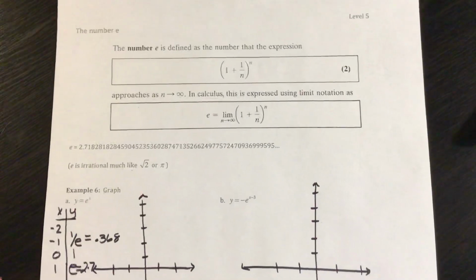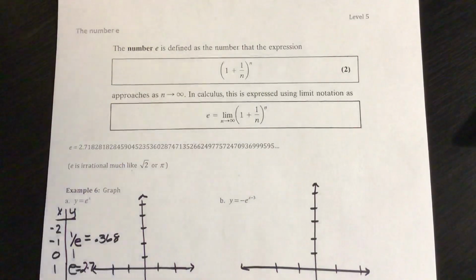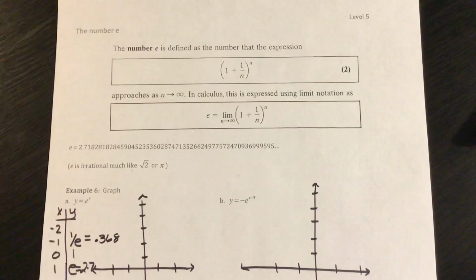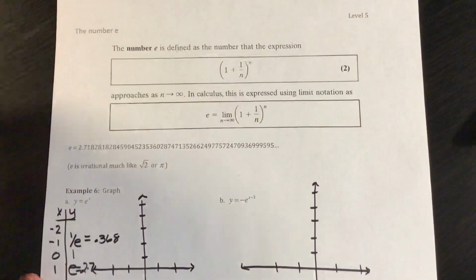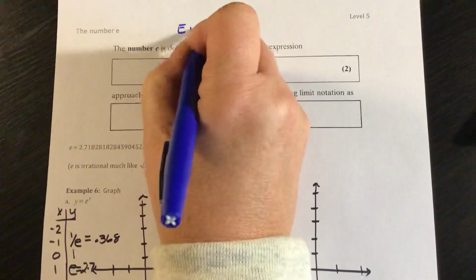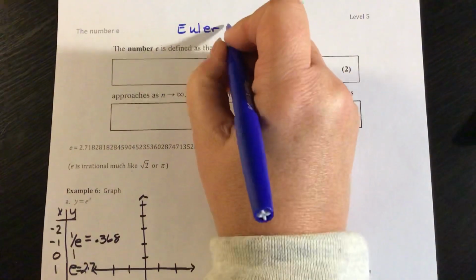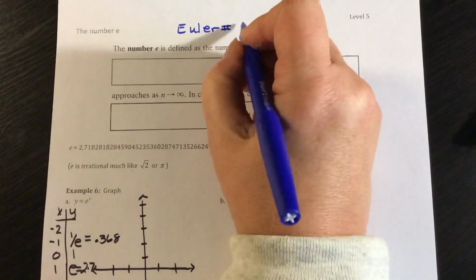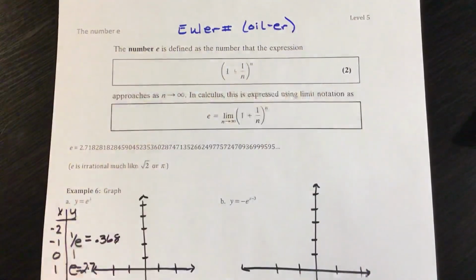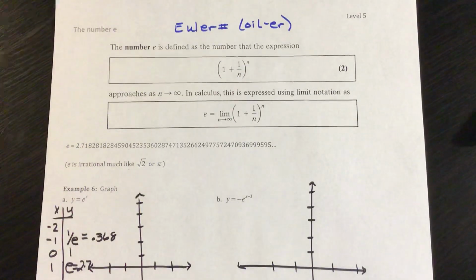On the next page, we're going to learn a new number, and this is called the number e. And this is an irrational number that a mathematician named Euler created or identified. His name is spelled E-U-L-E-R, and this is Euler's number. It's pronounced Euler, okay, and that is the number e.